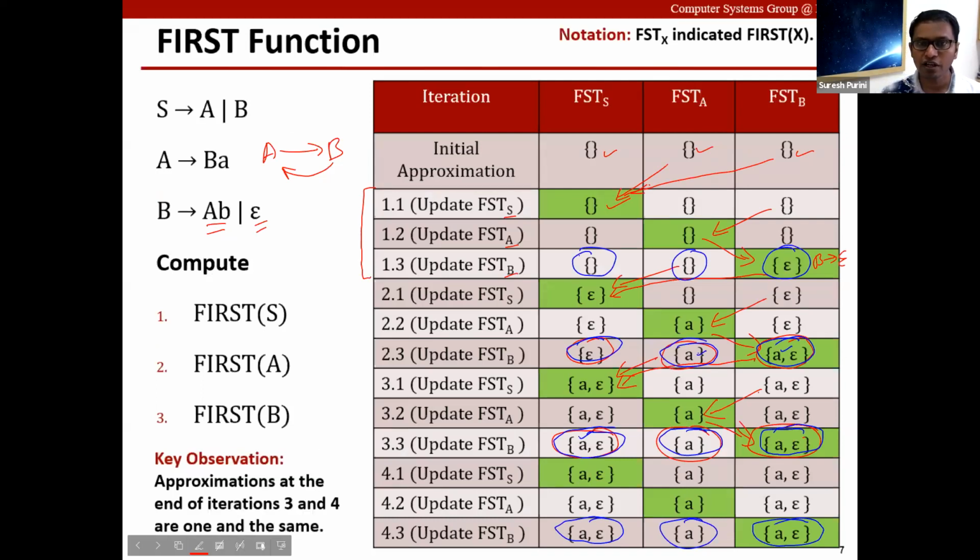But if you start with an over approximation, instead of this, if you start with an estimate like this, which is an over approximation, then what happens? Then we will not be able to converge, or we will be converging to possibly an incorrect answer. So the initial approximation matters.